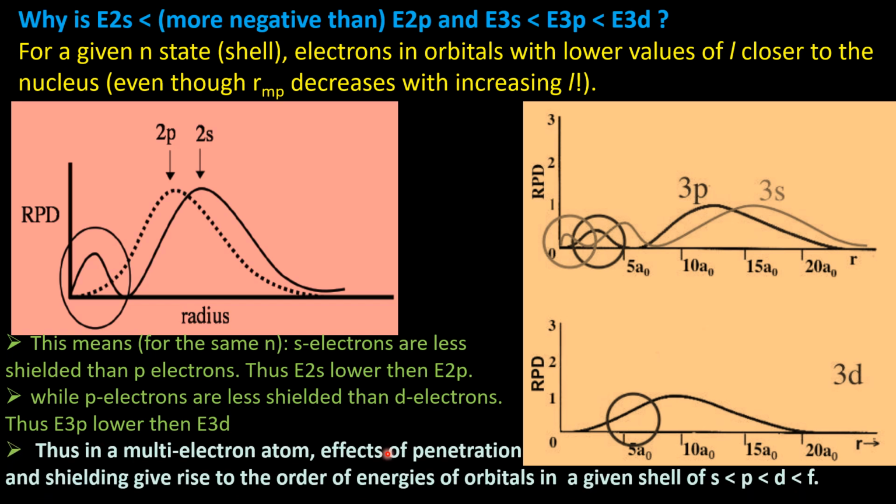So we can say that in multi-electron atoms, the effect of penetration and shielding gives rise to the order of orbital energies.